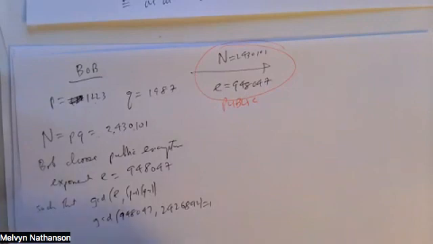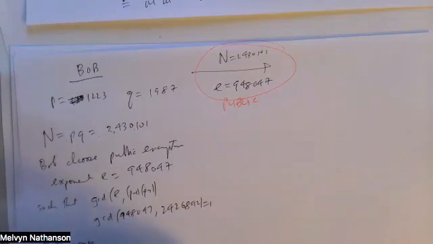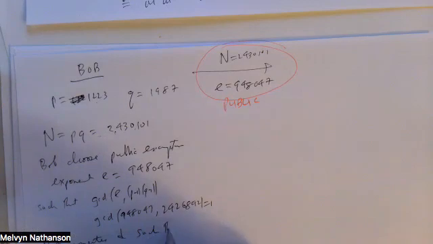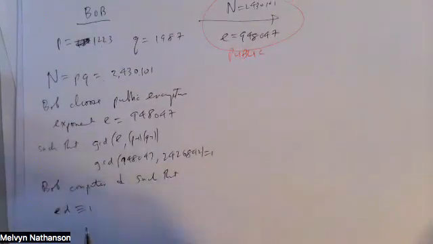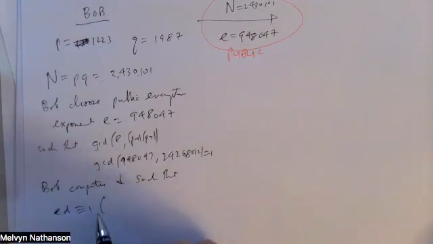And because he needs to be able to decrypt a message, Bob then computes an integer D such that E times D is congruent to 1 modulo (P minus 1) times (Q minus 1).